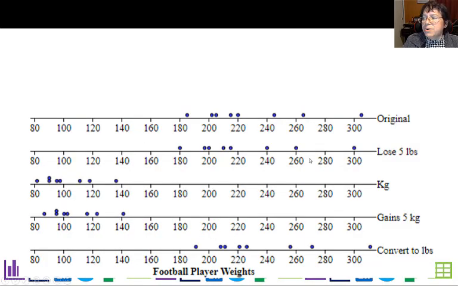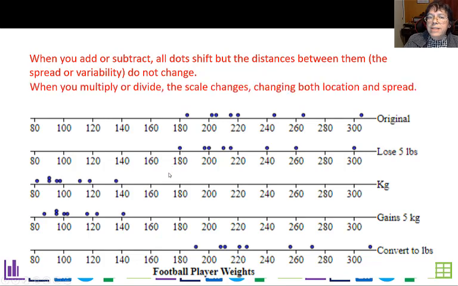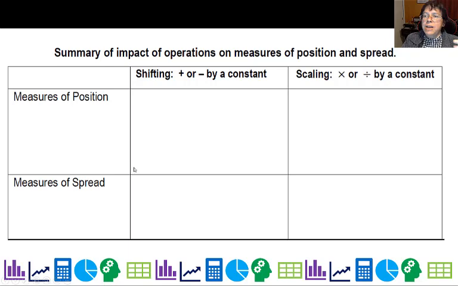So to summarize, here are the dot plots again. When you add or subtract, all dots shift, but the distances between them, which is the spread or variability, doesn't change. But when you multiply or divide, that changes the whole scale, and that's going to affect both location and spread. So it's a nice summary for you if you're trying to figure out what to do.